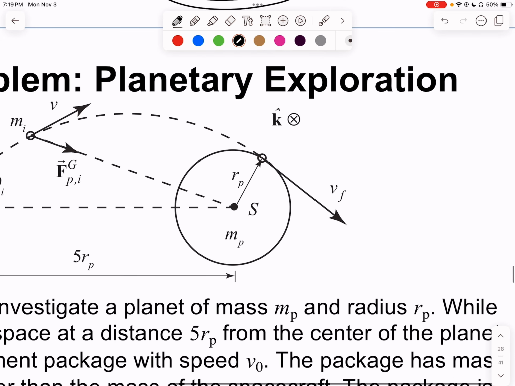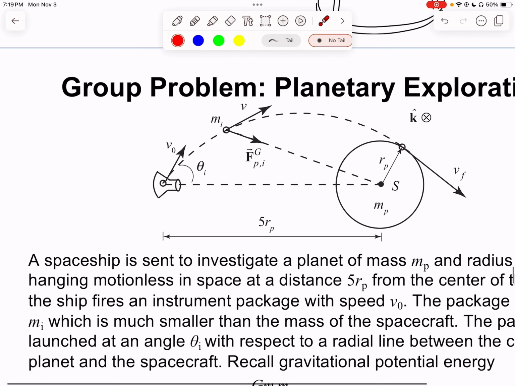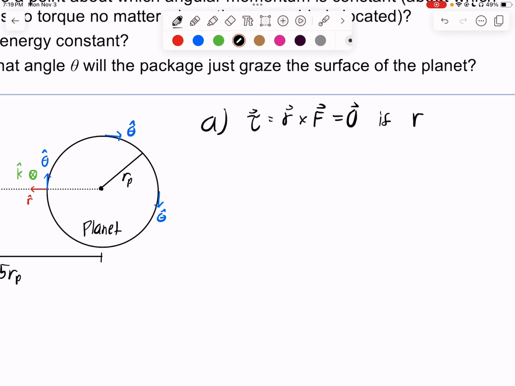It's essentially saying, where do I place S, the pivot, such that the only force active here, F of G, exhibits no torque? And you may remember that torque is defined as R cross F, which is 0 if R is parallel to F.